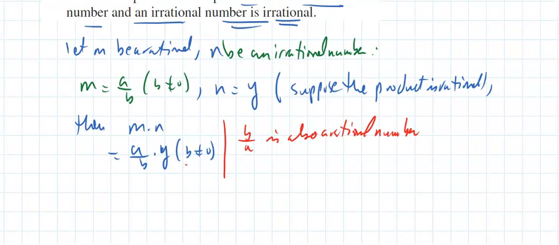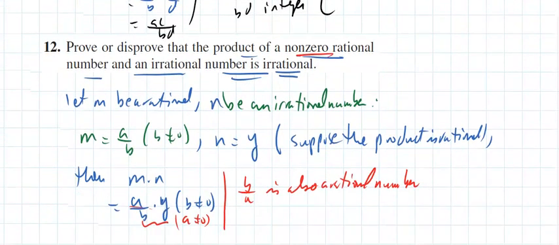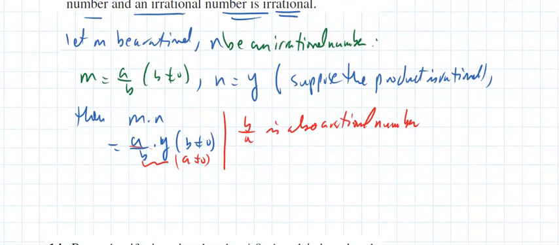Right, because here a cannot equal 0. If a equals 0, then you're going to get 0 out of this product, and we're assuming that both of those are non-zero. So b over a is also rational because a does not equal 0 by that definition right there.